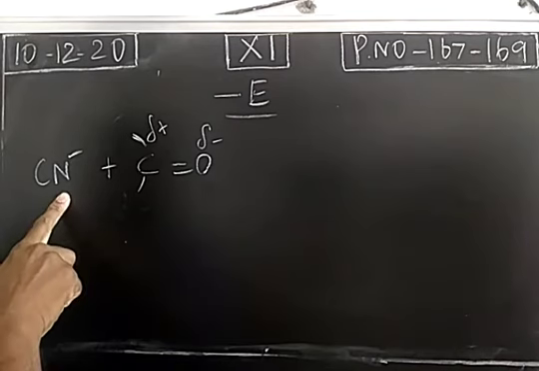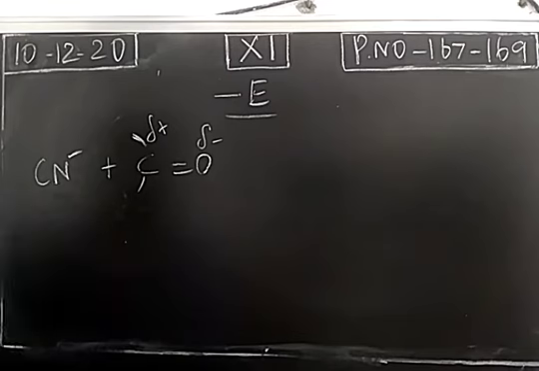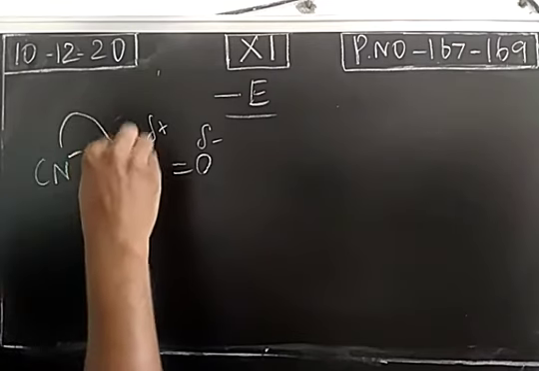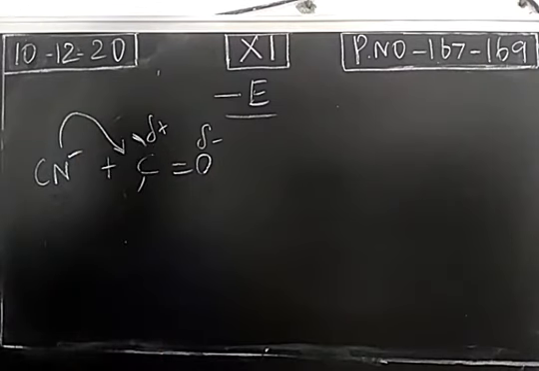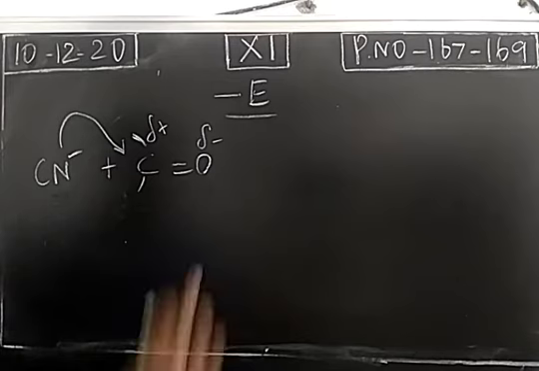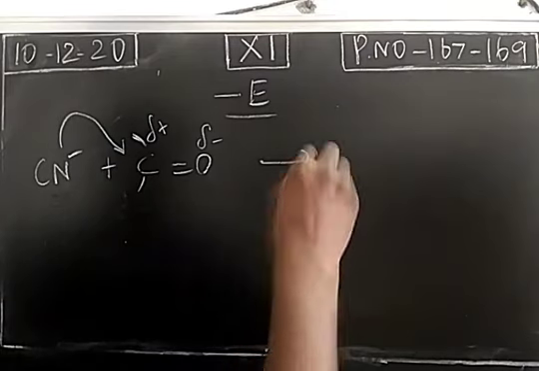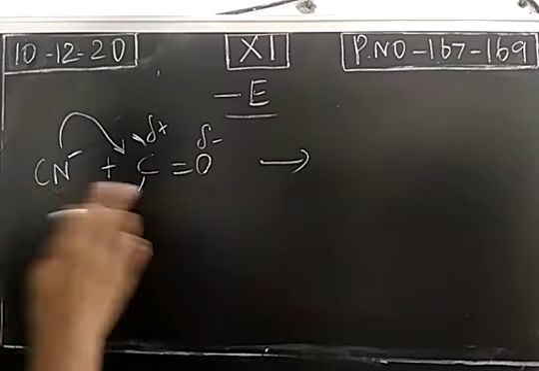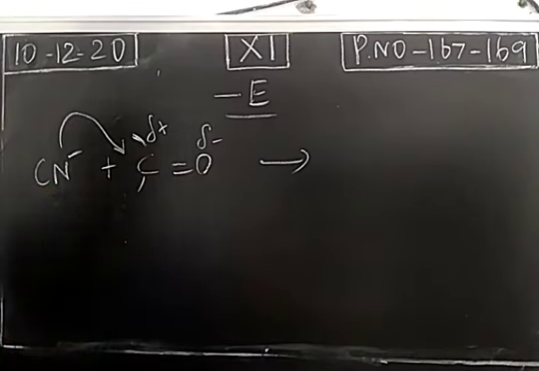And the nucleophile is a nucleus loving species, so it will attack the electron deficient center. So the cyanide nucleophile will attack the electron deficient carbonyl carbon, not oxygen. So there will be a formation of a new covalent bond between these two. A covalent bond will be formed.